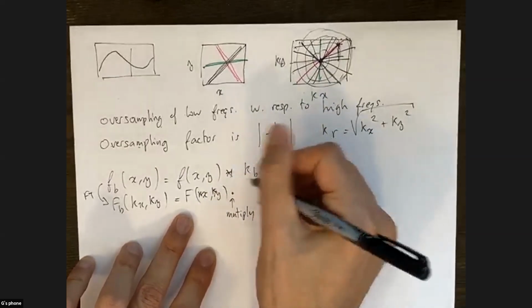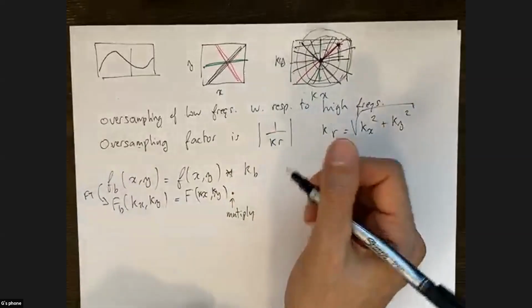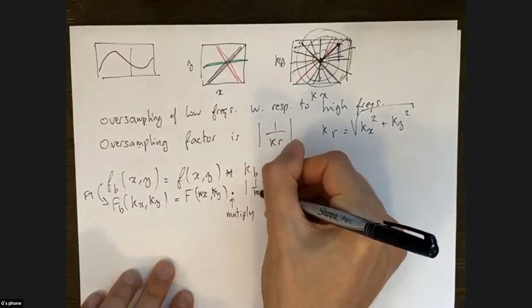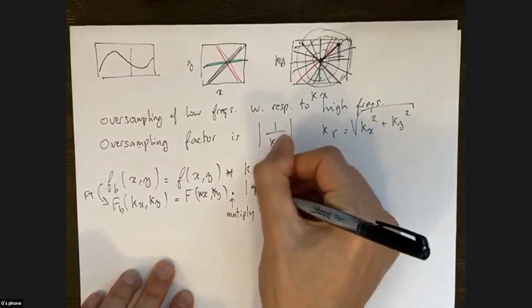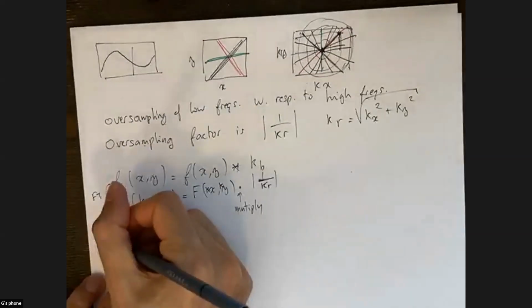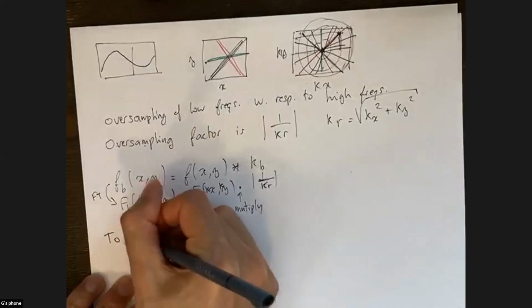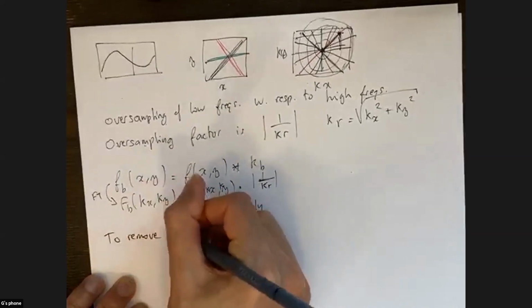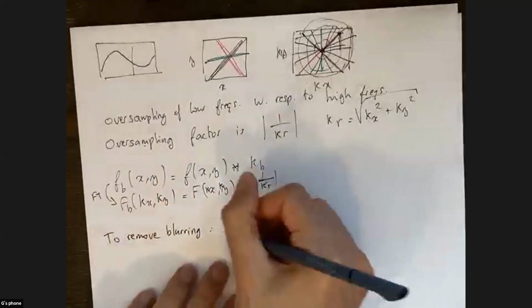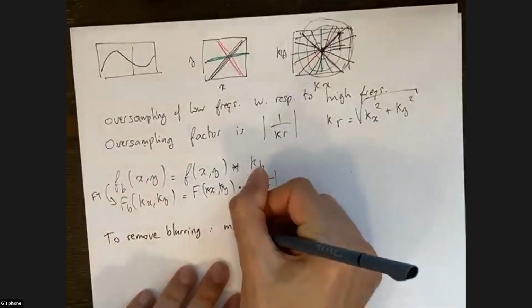We've just said that the oversampling factor is 1 over KR. And so to solve the problem, to remove blurring, we're going to multiply by KR.